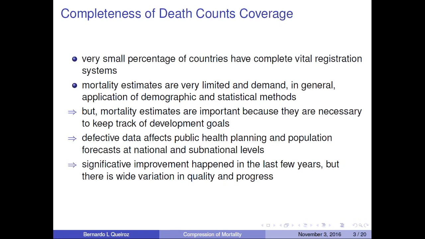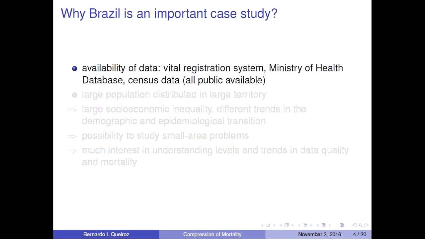The quality of the data affects public health planning and population forecasts at local, national and subnational level. And in the case of Brazil, there is a significant improvement in the last few years, but there is still a wide variation of data quality and progress in data quality. So that's our main idea.